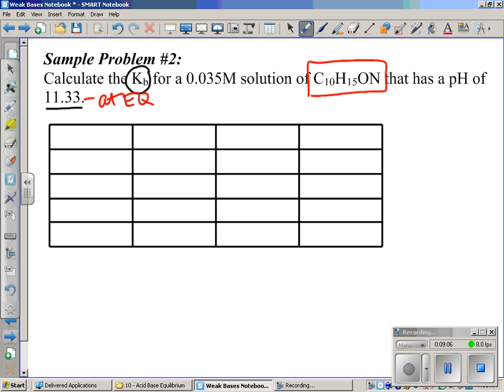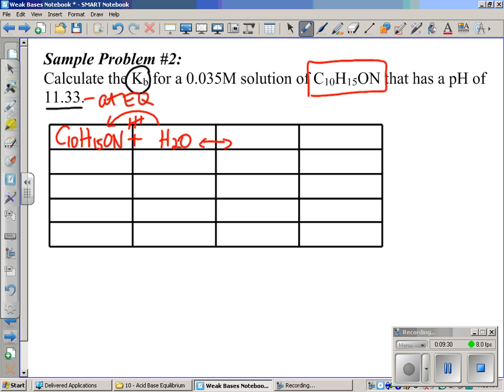Now, looking at this substance, you see that it is not an acid. It does not start with H. Okay, that's what tells you that it is not an acid. So then you're going to treat it like a base. So we're going to put C10H15ON plus H2O. You might pause the video now, see if you can write the rest of this so you can see if you're understanding.